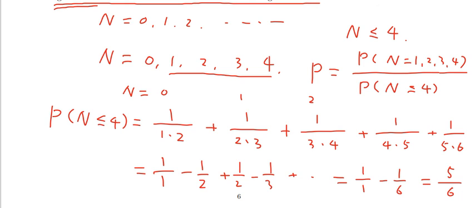At least 1 is just 1 over 2 minus 1 over 6, right? So we add from 1 over 2 times 3, 1 over 3 times 4.